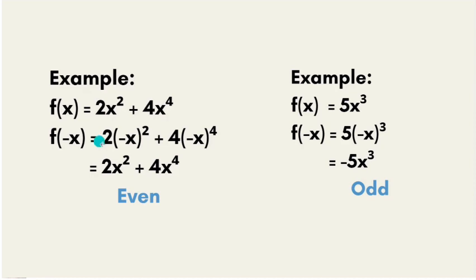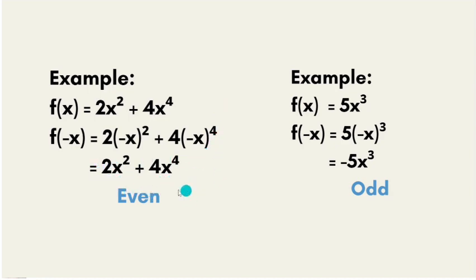If we simplify all of this, we get 2x squared, because negative x times negative x is equal to positive x squared, and then plus 4 times negative x raised to 4, which is 4x raised to 4.